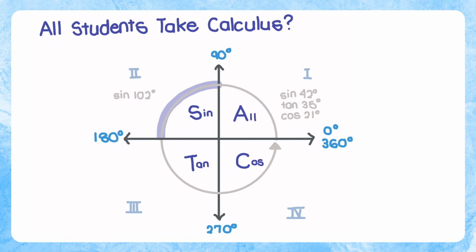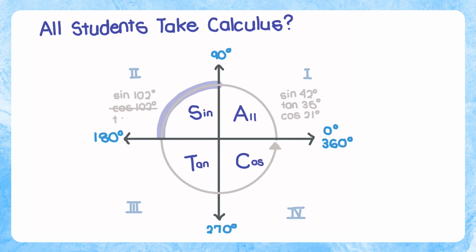So only sine functions would be positive when the angle is in this quadrant. So for example, cosine of 102 degrees results in negative 0.2079, and it keeps going. It's a negative answer. So in this quadrant, cosine would result in a negative answer.